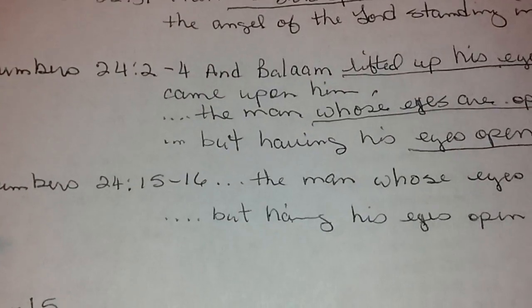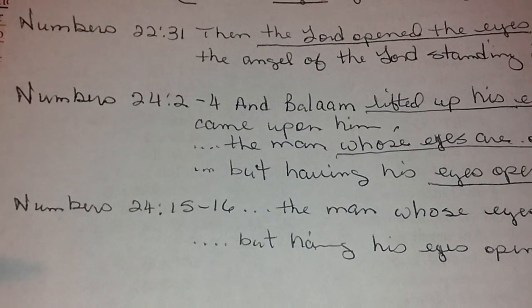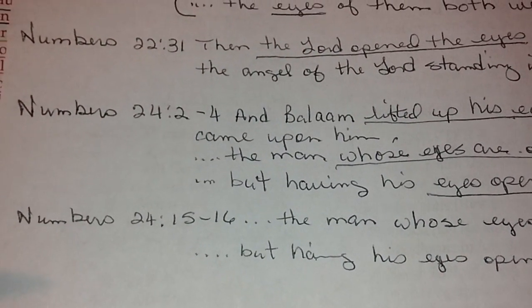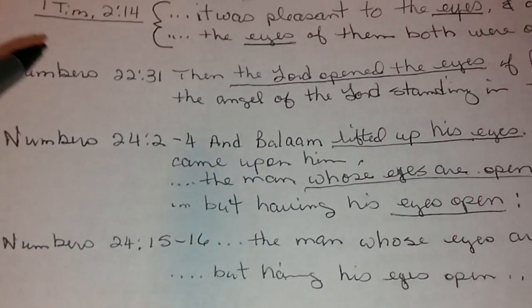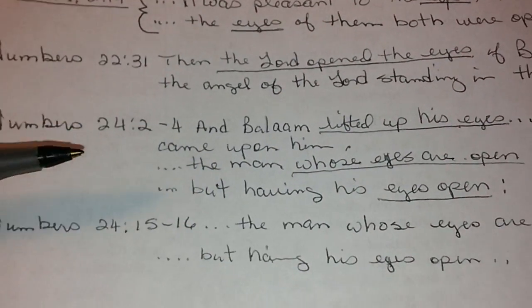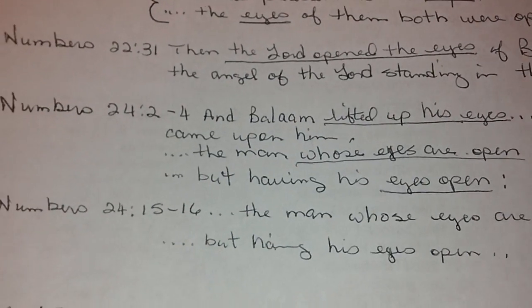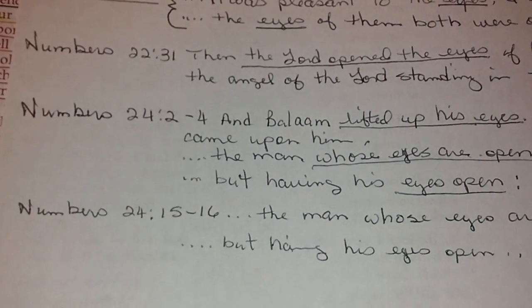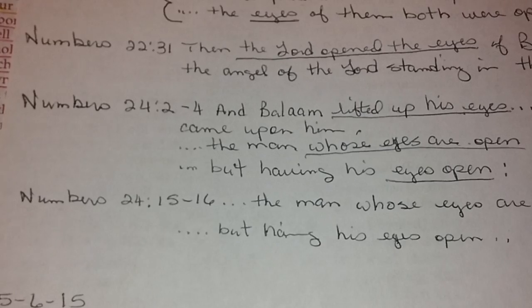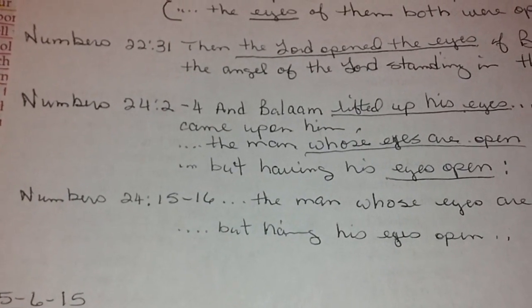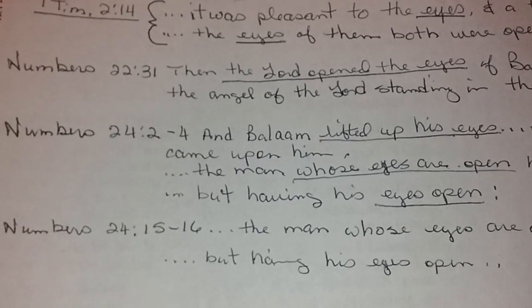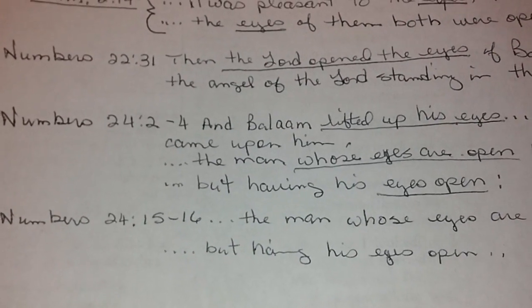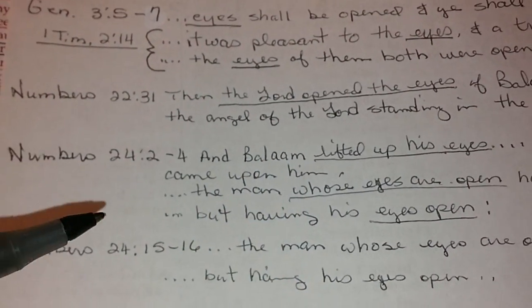Do a Bible search on the word eyes or eye, and you'll see that the scriptures talk about, in reference to the eyes being opened, it is about speaking of understanding spiritual things or being open to the spiritual realm. And that's what the Lord was trying to get me to understand when he had me to do this.